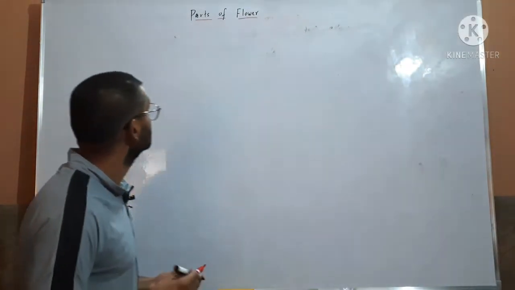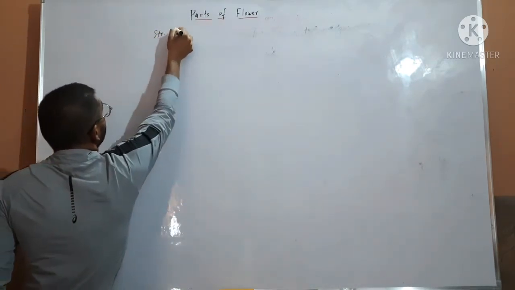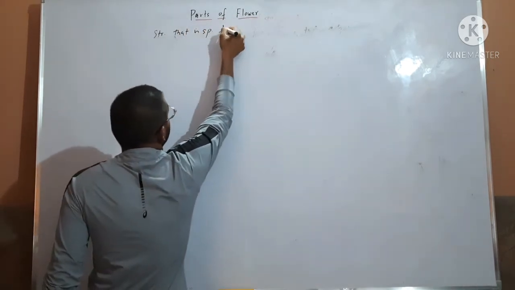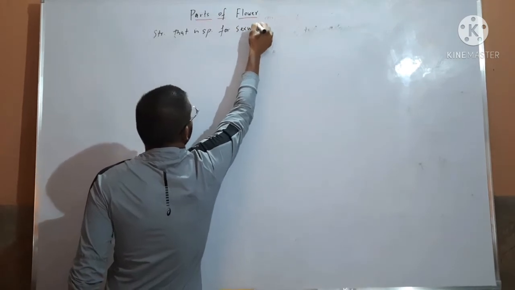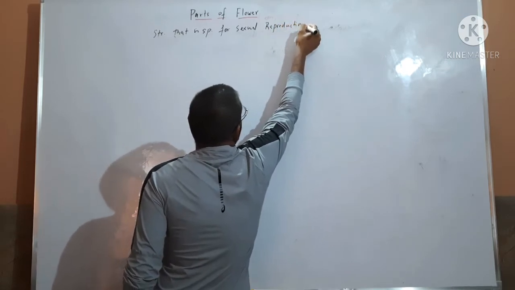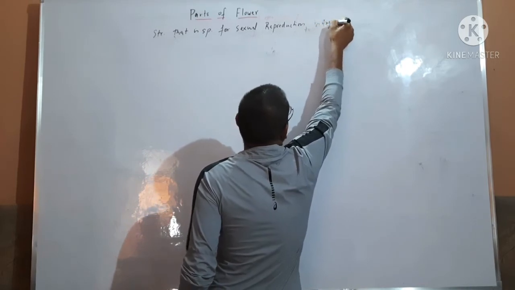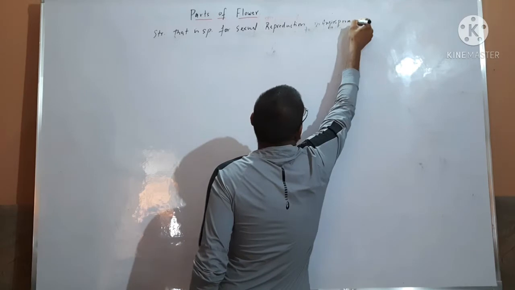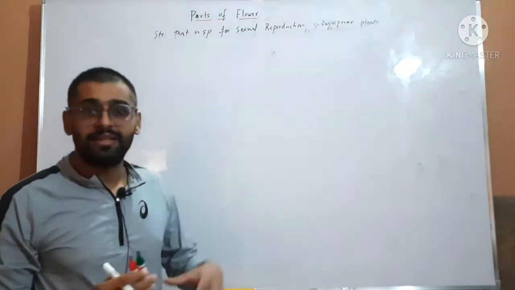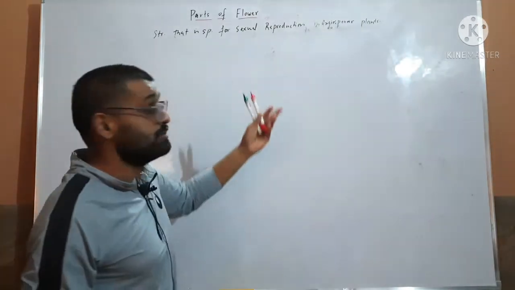So what is a flower? A flower is a structure that is specialized for sexual reproduction in angiospermic plants.